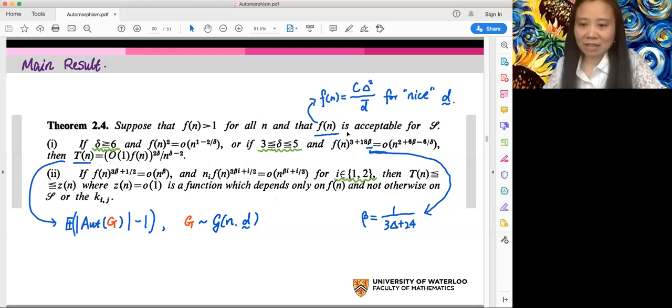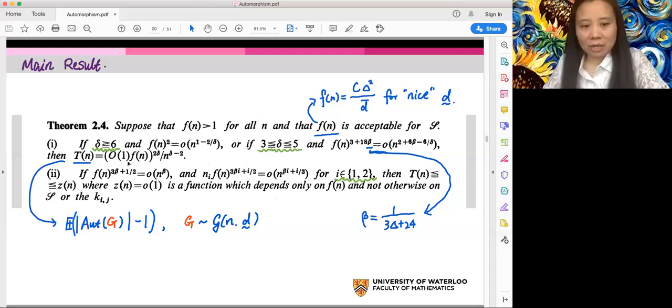There's some kind of technical definition f of n, but for d that's nice enough, you can just think about f of n being some constant times the square of the maximum degree over the average degree. So Δ is the maximum degree, d bar is the average degree, and little δ is the minimum degree.